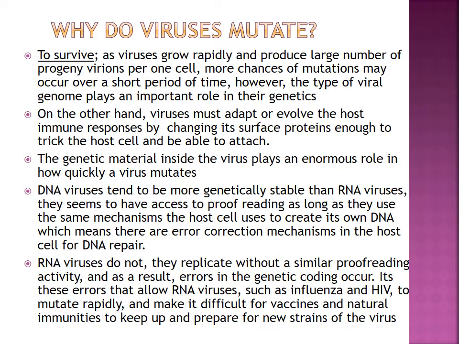The genetic material inside the virus plays an enormous role in how quickly a virus mutates. DNA viruses tend to be more genetically stable than RNA viruses because they seem to have access to proofreading, as they use the same mechanism that the host uses to create its own DNA, which means that there is a correction mechanism in the host cell for DNA repair.